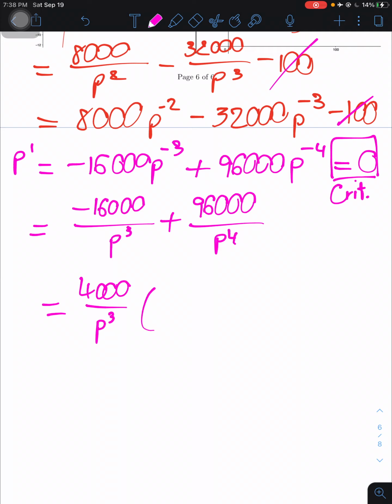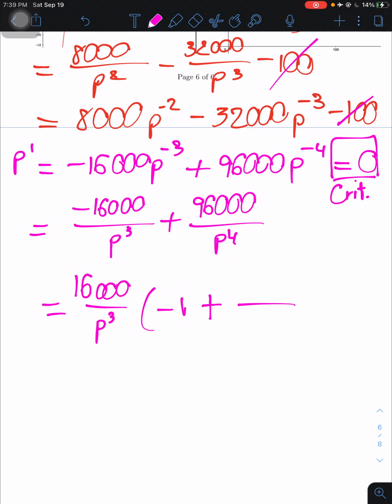So for the inside, we're going to get negative 4 for the first term, and then, let me grab my calculator really quick. 96,000 divided by 4,000 equals 24. Oh, actually, you know what? We can factor out the whole 16, right? So let me fix that into a 16 instead, because that's going to be smaller and easier for us to do. So I'm going to factor out 16,000 from the beginning.